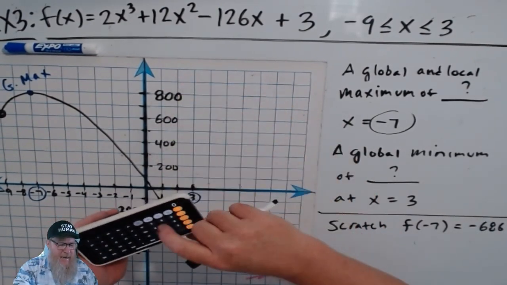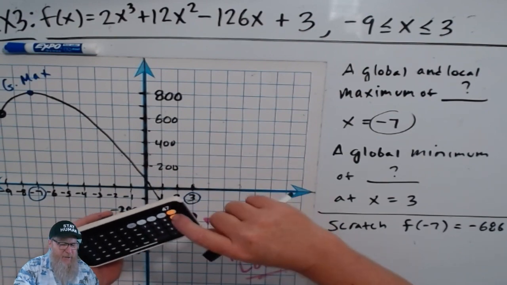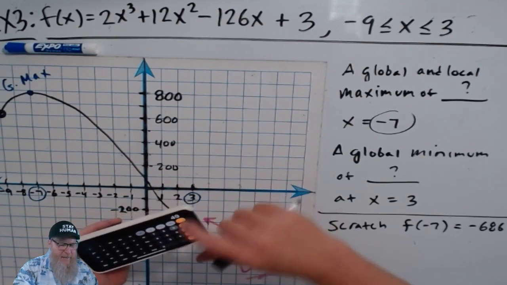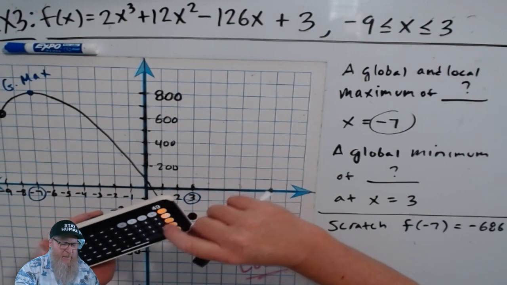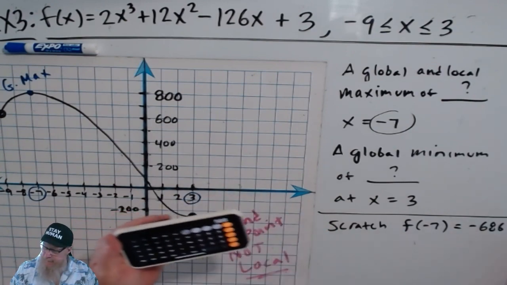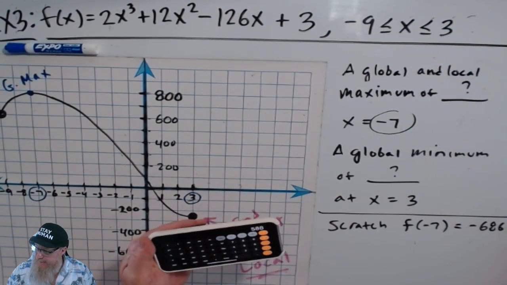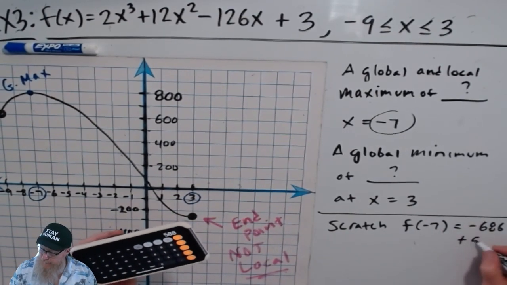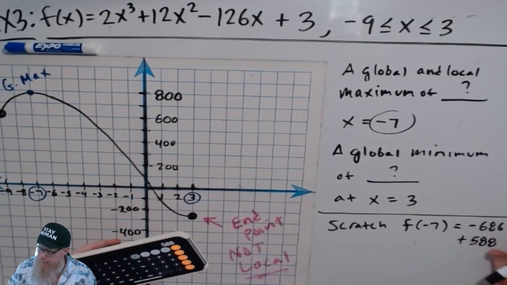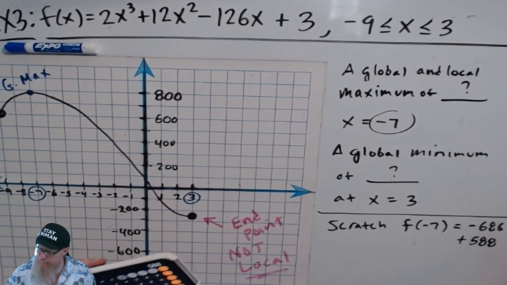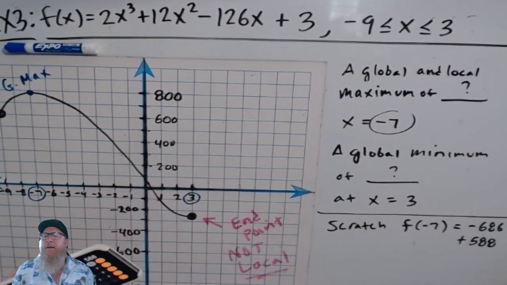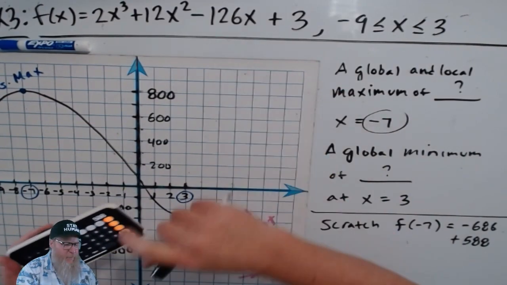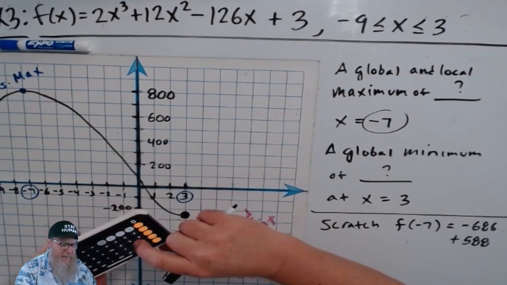We got -7 squared, which is 49 times 12. So we got 588. Put that where you can see it. We got -126 times -7.